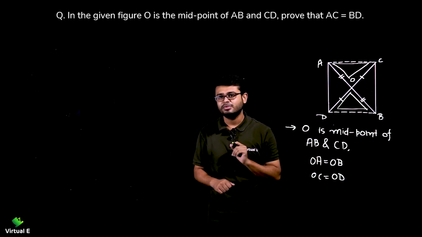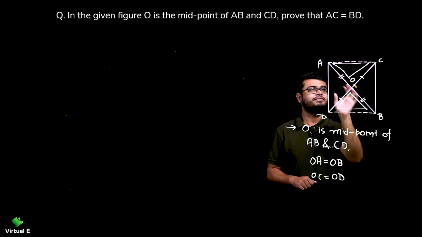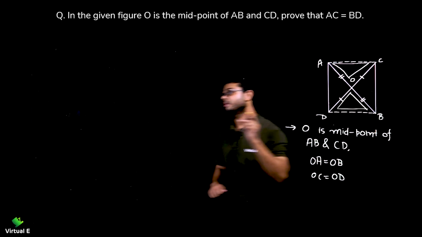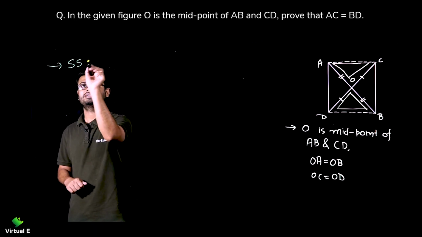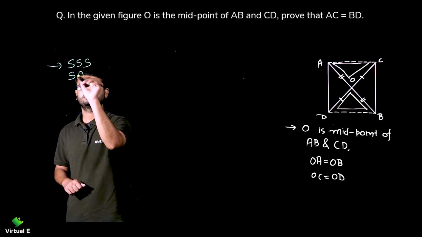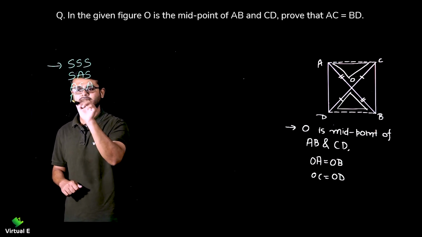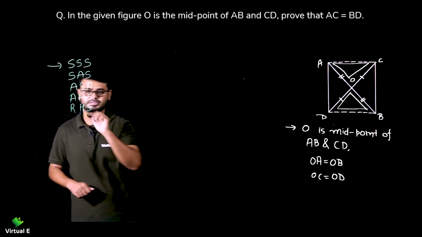Now if you observe one thing, here two sides are given for these triangles AOC and DOB. So first of all, let's write all the conditions that we are aware of: SSS, SAS, ASA, AAS and RHS.